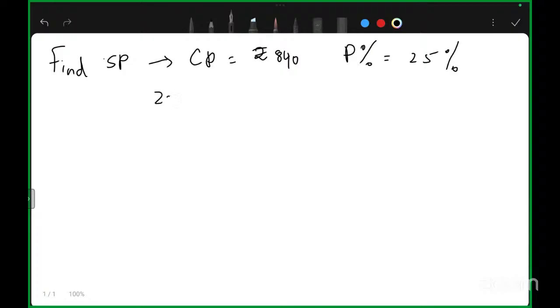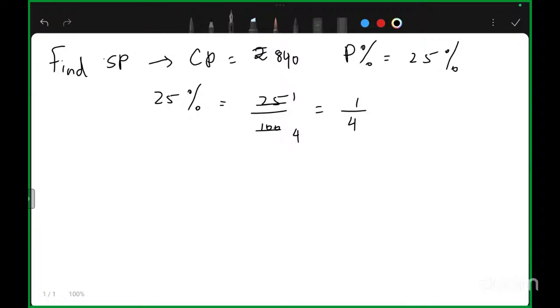25 percent becomes 25 upon 100. Cancel, 1 by 4. Now, using this, I can calculate profit.